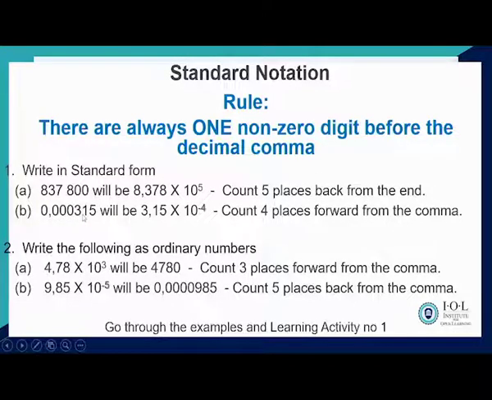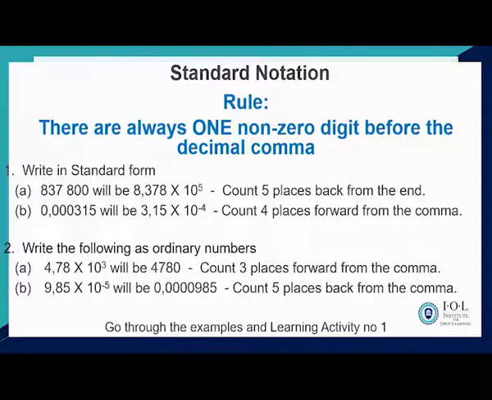Now the comma is exactly in between the 3 and the 1. And I've counted 4 places to the right. So to keep my original, I must times it with 10 to the negative 4, so that in the end, the value of my number stays the same.